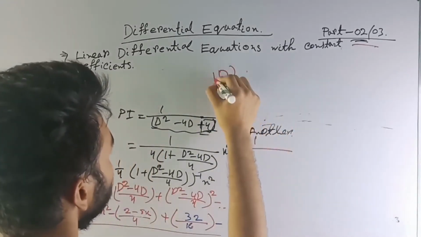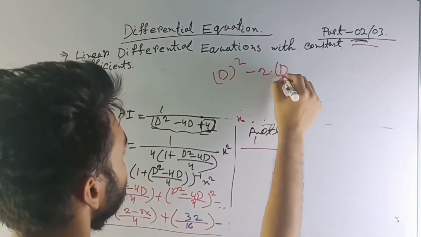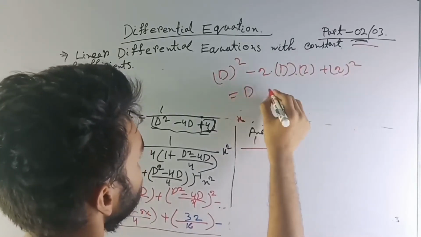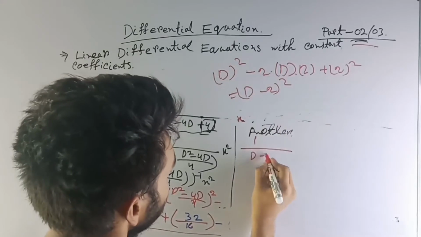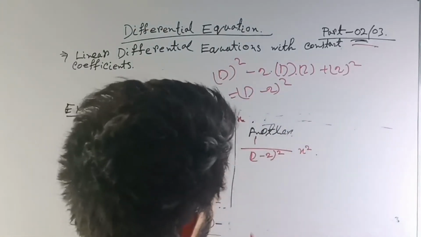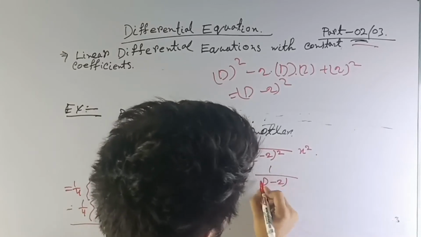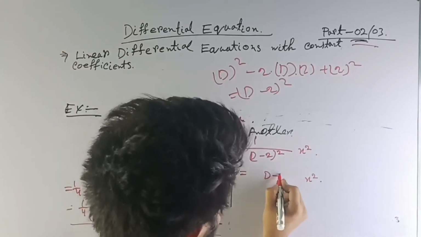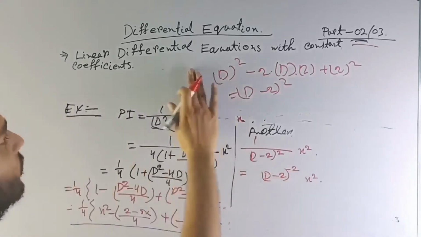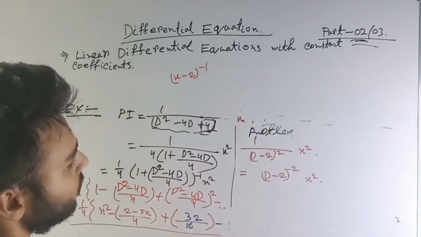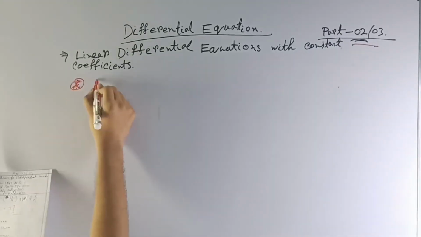So now D square minus 2D times of 2 plus 2 square, that means D minus 2 whole square. So I also write it as 1 by D minus 2 whole to the power minus 2. So I also write again D minus 2 whole to the power minus 2, and I also say this method and also this method.